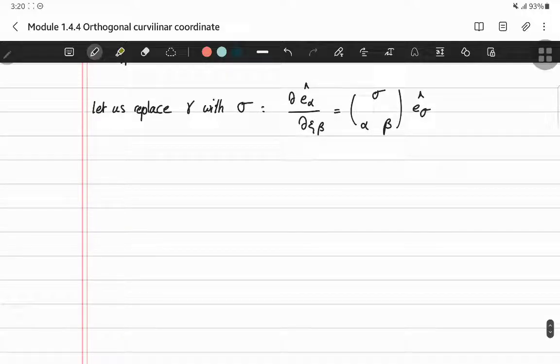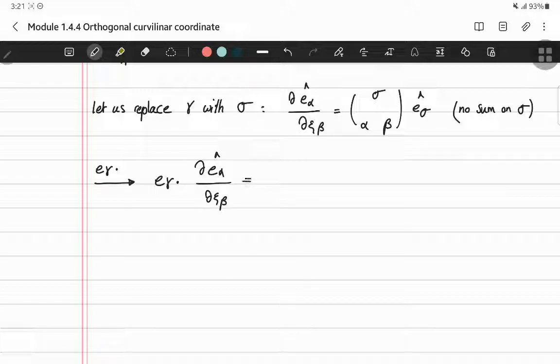Sorry, no sum on sigma. And I multiply both sides by a dot product of e gamma. So next, I have e gamma dot both sides of this equation here. So I'm going to have e gamma dot the partial derivative of e alpha with respect to Z beta is equal to e gamma dot sigma alpha beta e sigma.